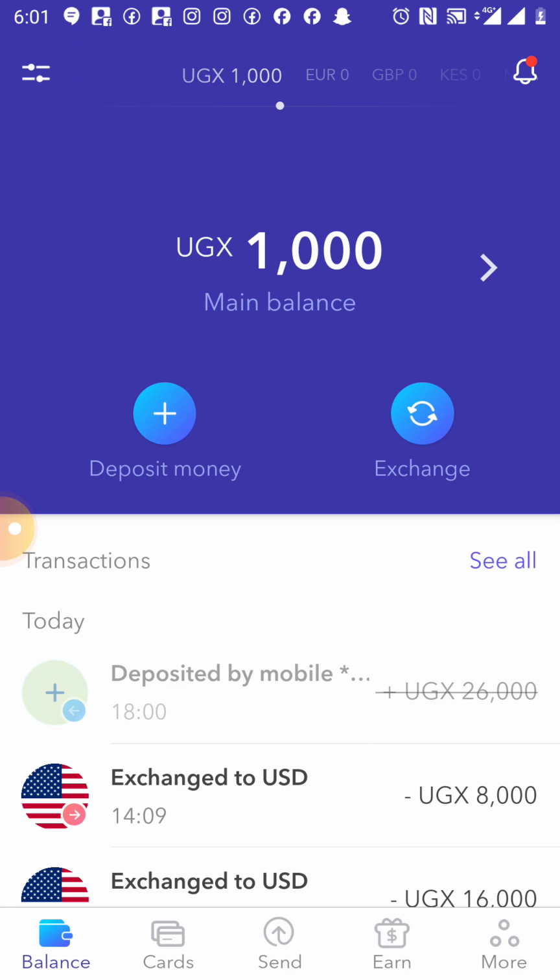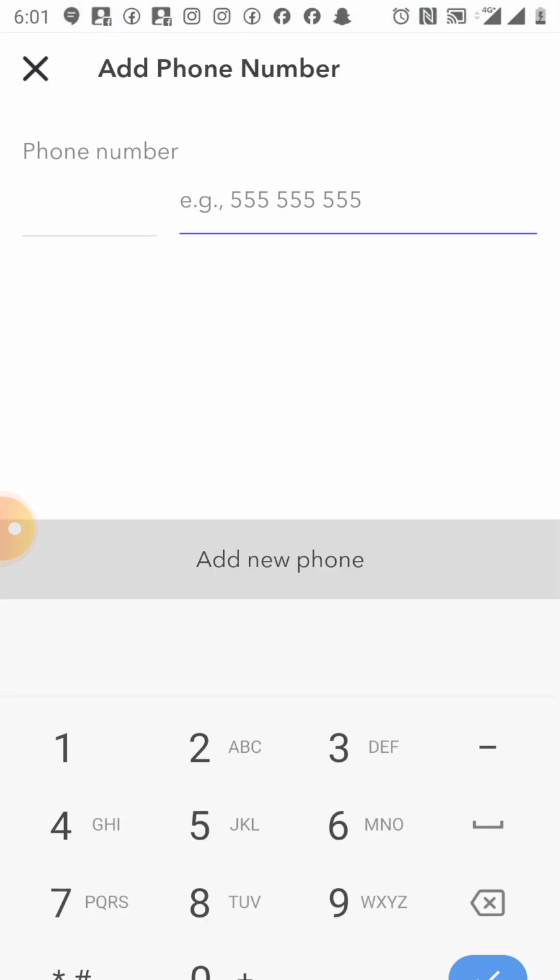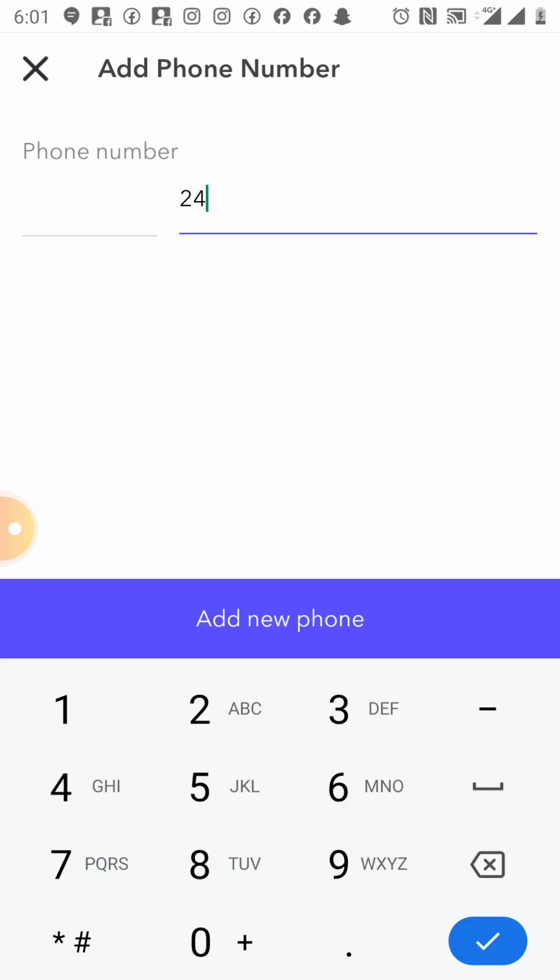As you see here, the deposit by mobile money of 26,000 failed. So I'm going to be putting a deposit of maybe 24,000. Okay, so that is the deposit that I'm going to be putting.